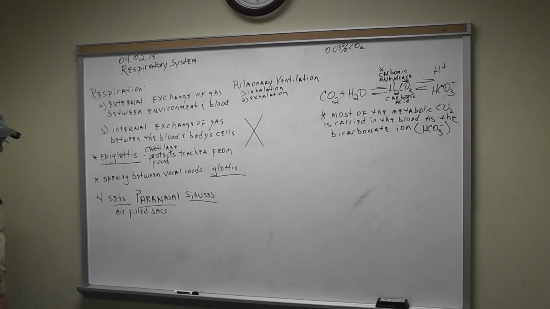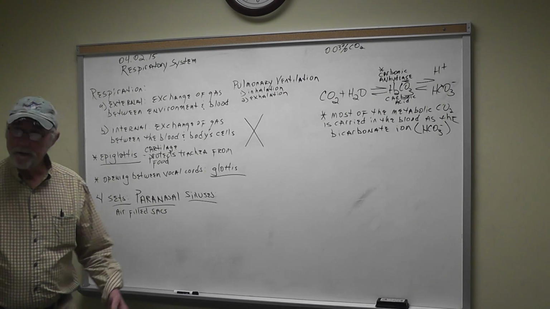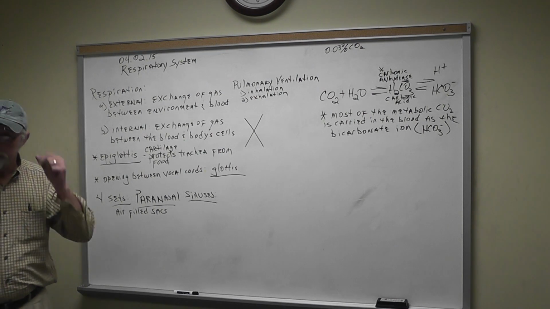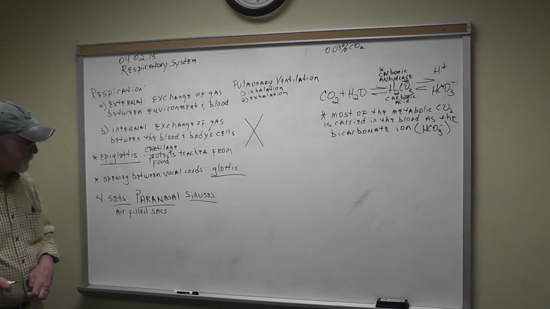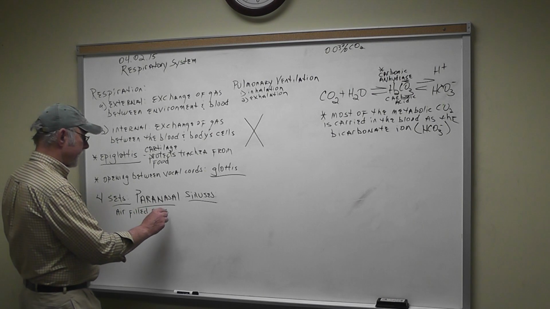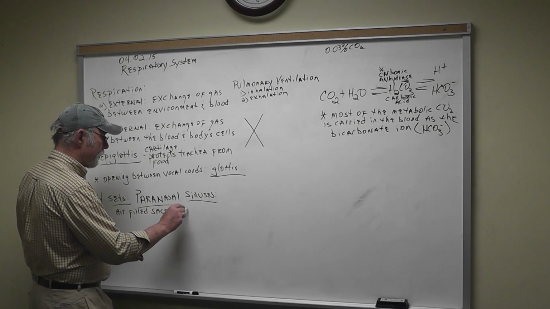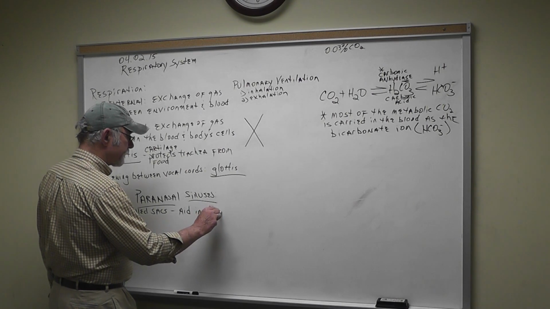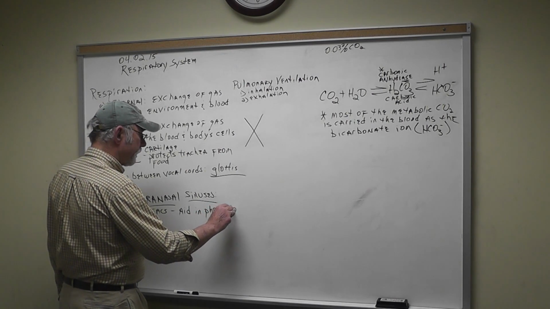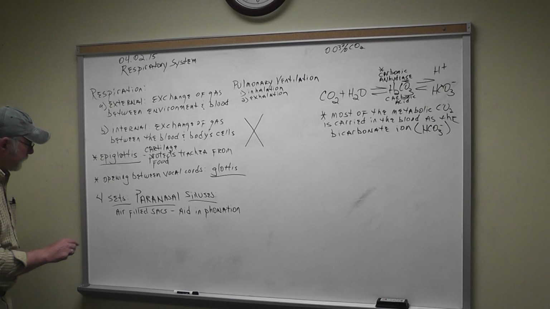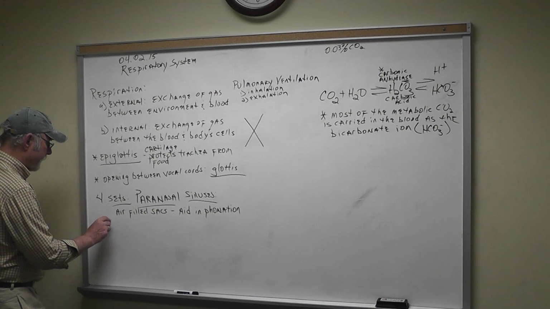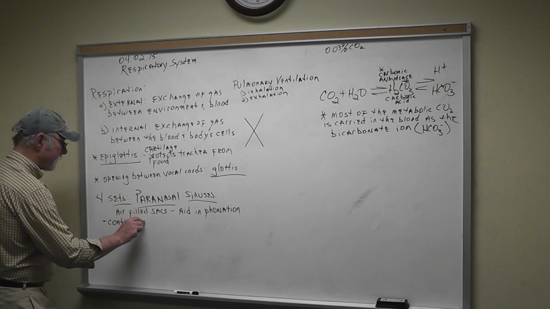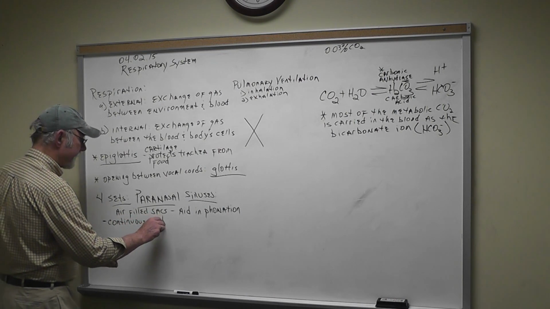Okay, and how they function is, for one, they lighten up the head, because this is a good sized bowling ball on our shoulders, but they aid in what's called phonation, or sound production. Okay, and an important point about that is that they are continuous with the nasal cavity.